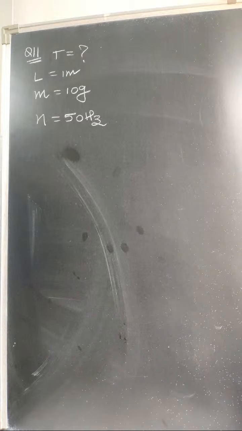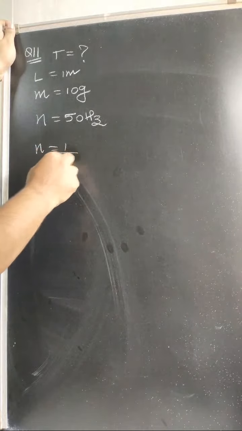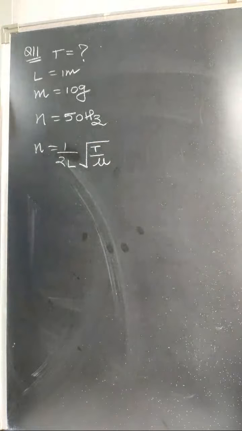So the question is comparatively easy. What is the formula for fundamental frequency for a string? 1 upon 2L root of T by mu.